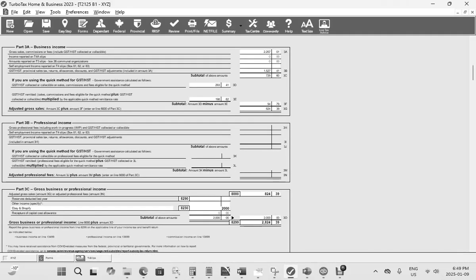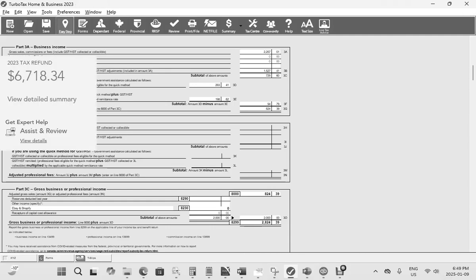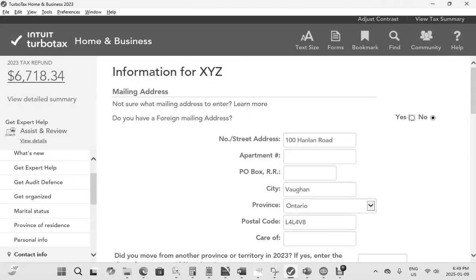All right, now let's say next year you didn't earn a single dollar. So rather than $500, use zero over here on your T2125. Notice your tax refund.